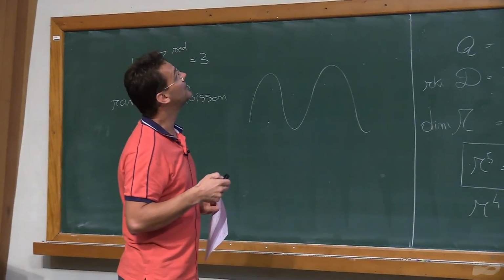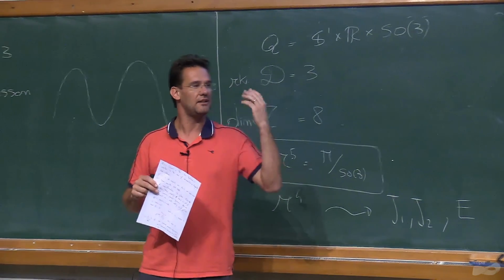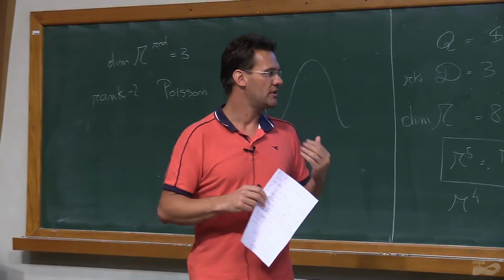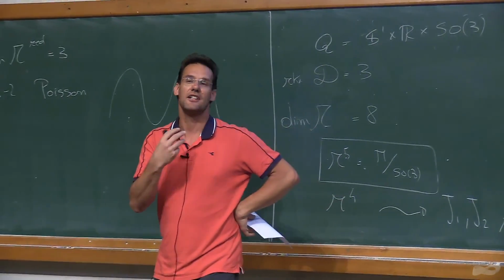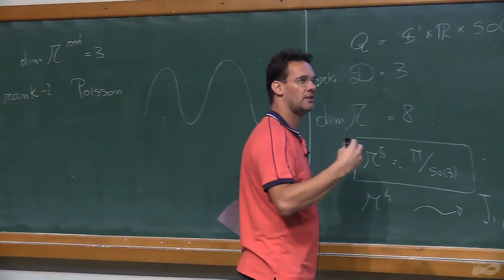The first one is that I would like to extend somehow this theory to group actions that are not on the configuration space, but are naturally on the phase space. Because in many nonholonomic systems, there emerge, let's say, first integrals that are not linear in the velocity, but are quadratic or polynomial in the velocity, or even that are transcendental functions.